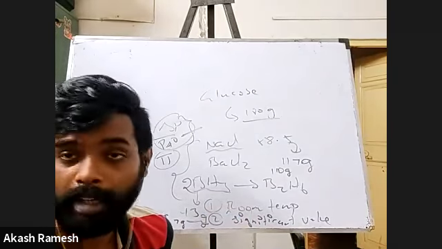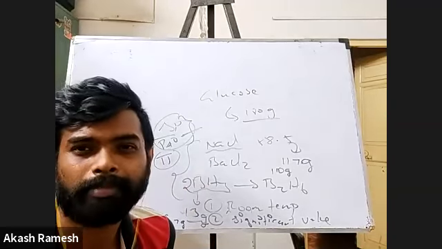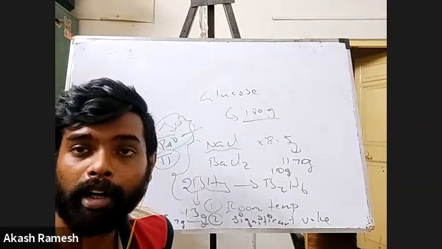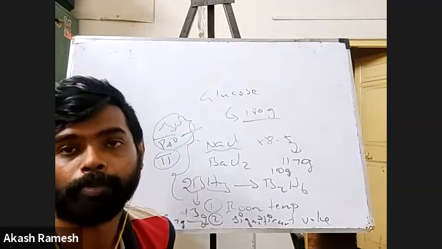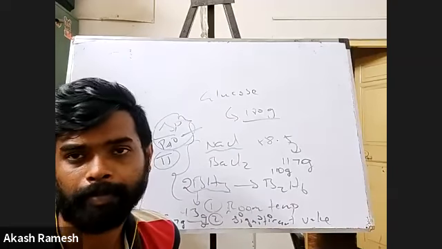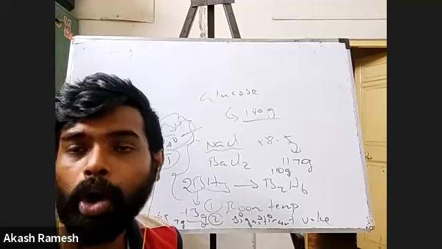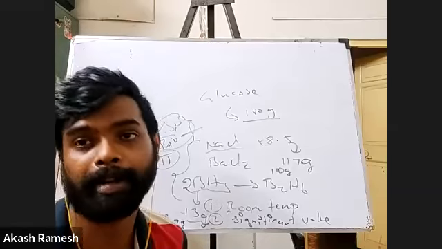Okay, now why is it happening? That's the first thing. The second thing is how can we correct it. From the colligative properties, we have to calculate correctly. So before that we have to understand why this is happening. Okay, fine. This is happening because of how colligative properties are defined.